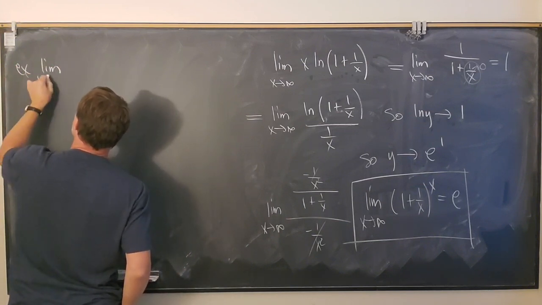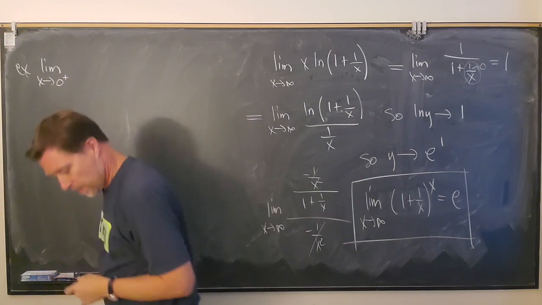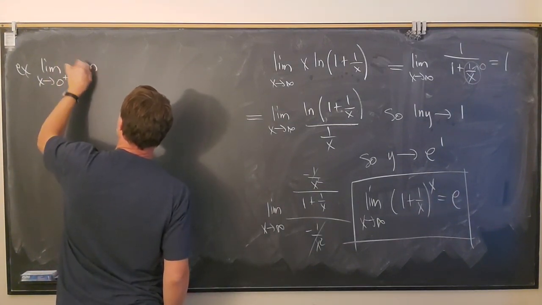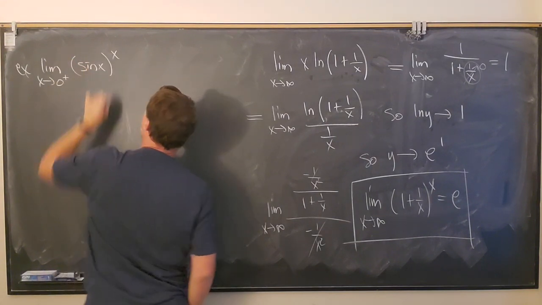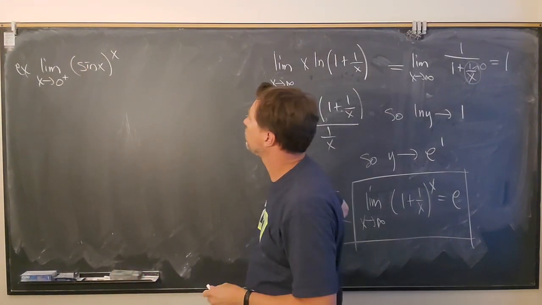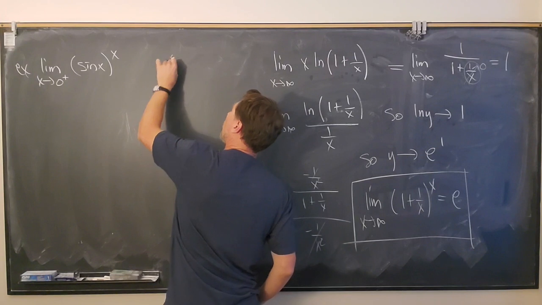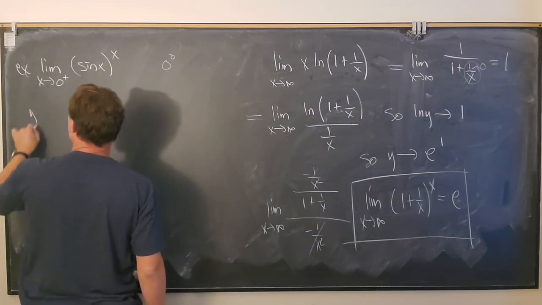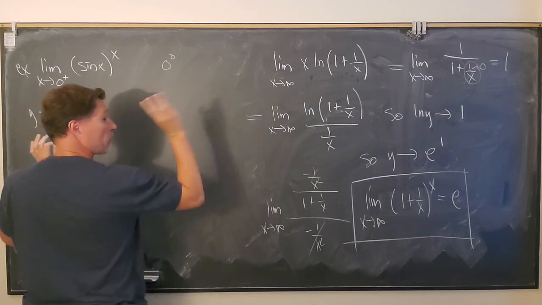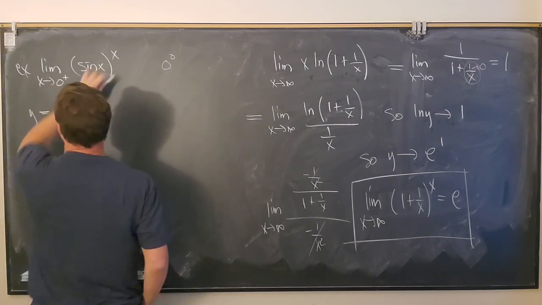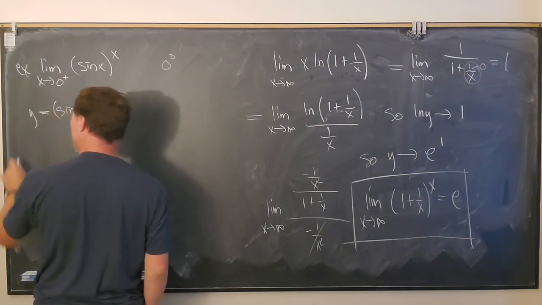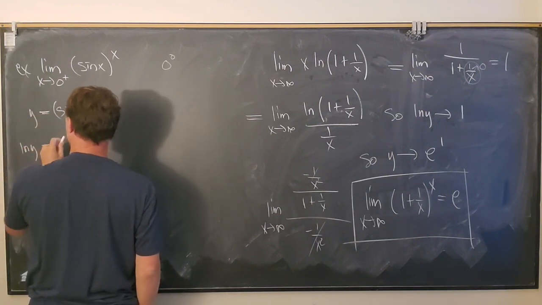So let's do the limit as x approaches 0 from the positive side of sine of x raised to the x. This is indeterminate of type 0 to the 0, and so I'm going to let y equal the expression. You always do this for those three indeterminate forms. Take the natural log of both sides.